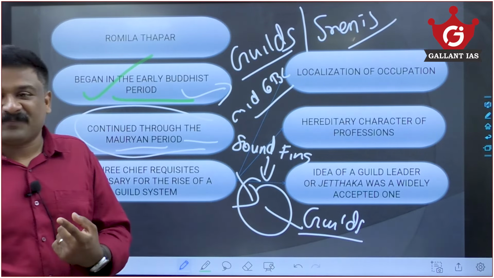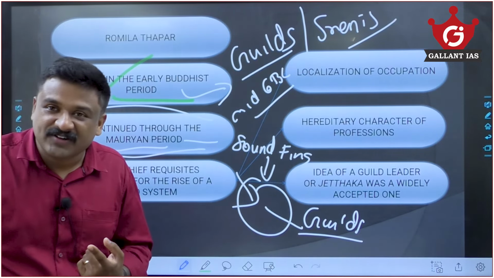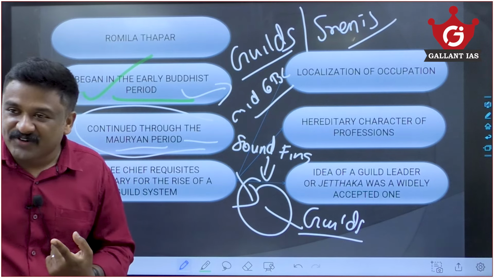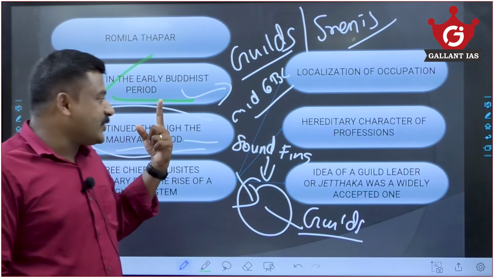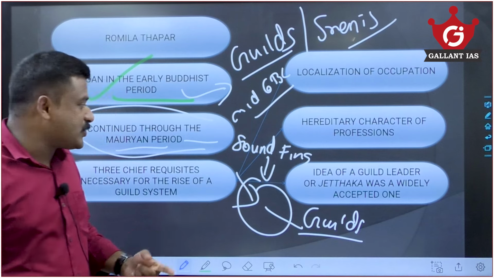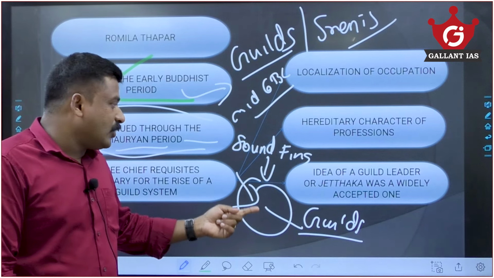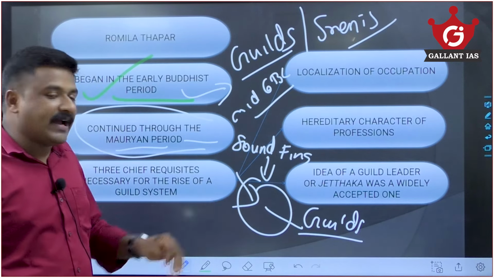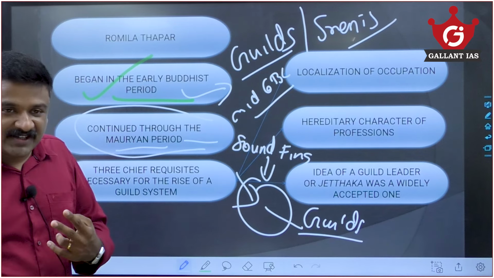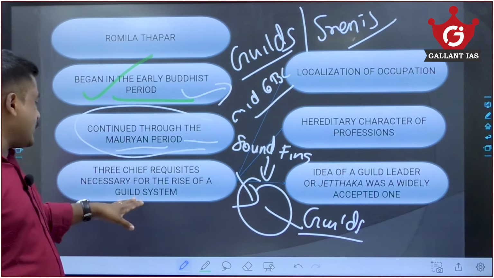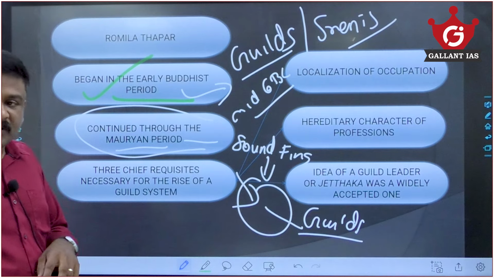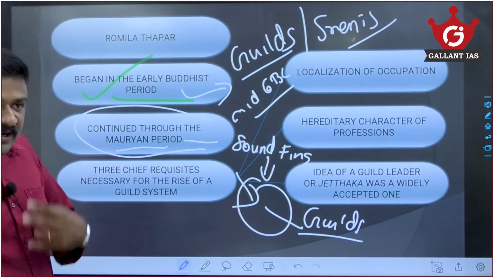Localization of occupation. There is the hereditary character of the professions. The idea of a guild leader, or jetaga, was a widely accepted one. So three concepts are there, the three chief requisites necessary for the rise of a guild system.